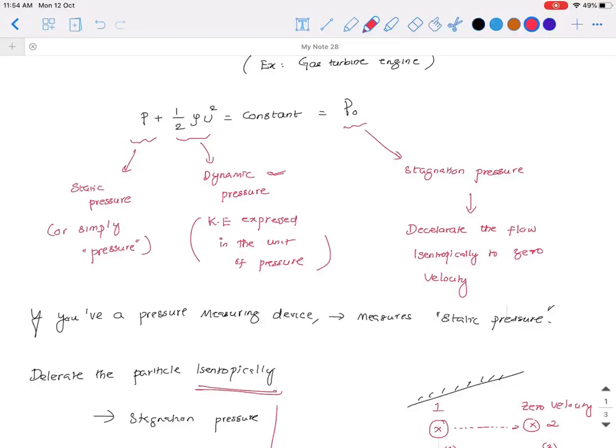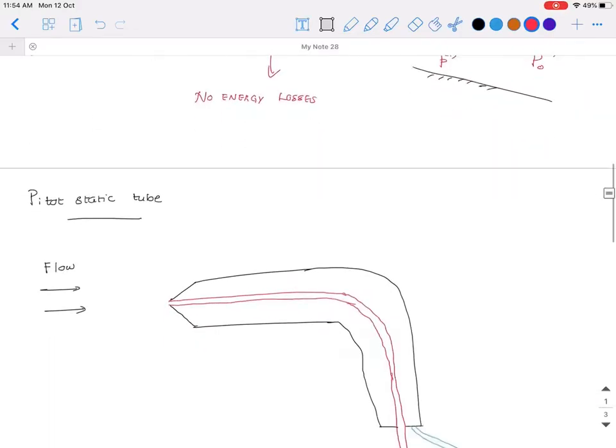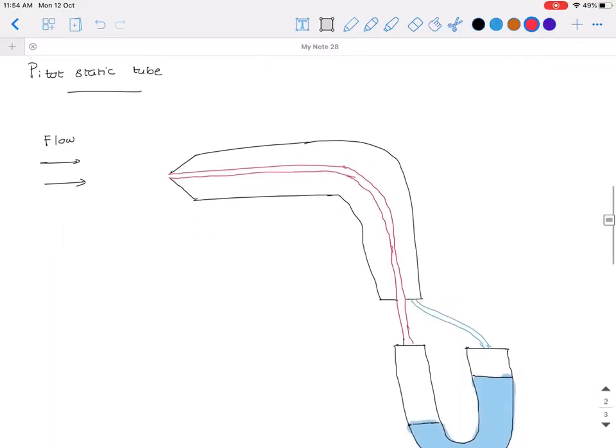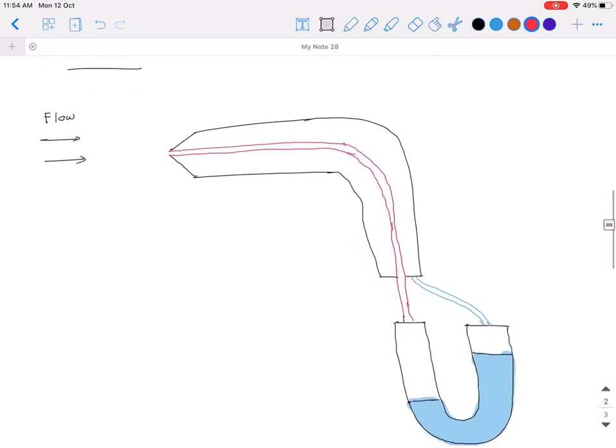This viewpoint of Bernoulli's equation, expressed in this form, is used to measure velocity in a fluid flow using what we call a pitot static tube.